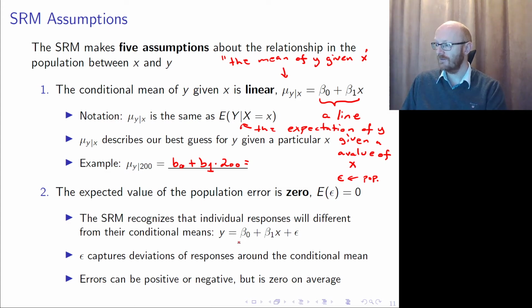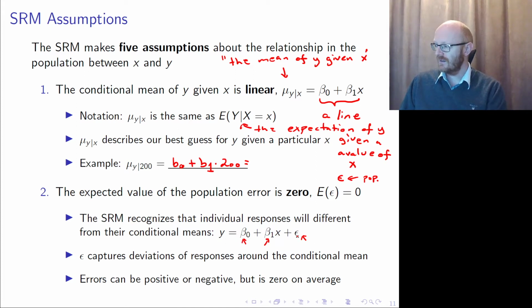If you have the population parameters beta 0 and beta 1, then on average you would get the average of y.